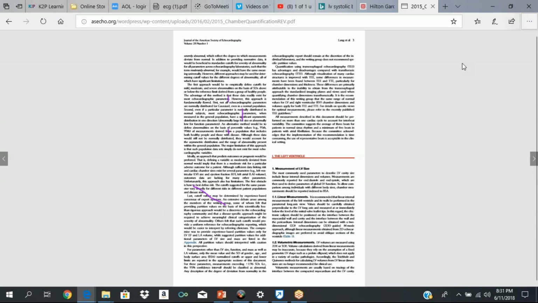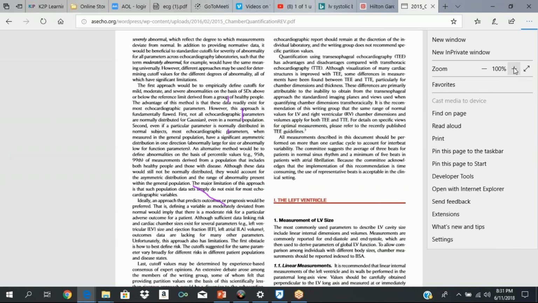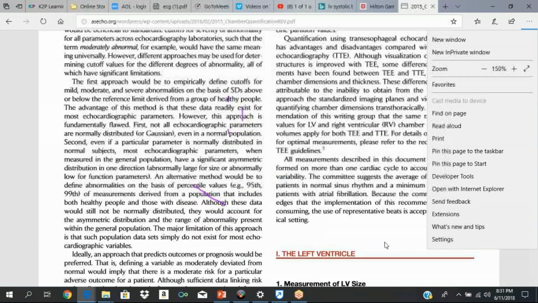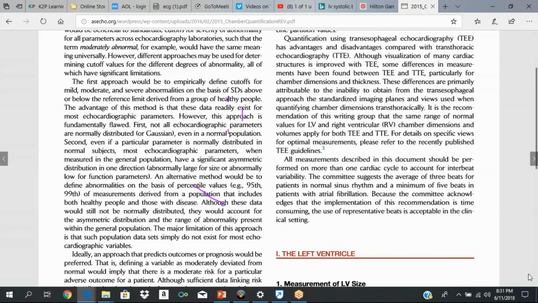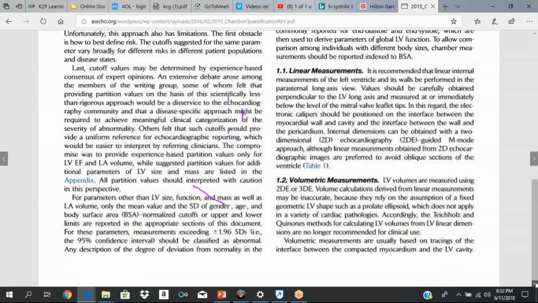Incorrect measurements mean a faulty study. All right, so those are our linear measurements. Okay, you have to know which measurements you're going to do in diastole and which measurements are done in systole.